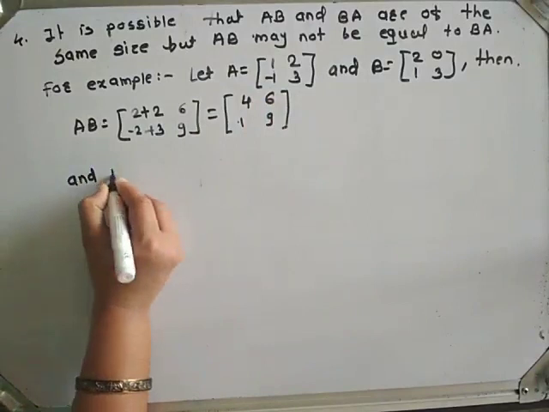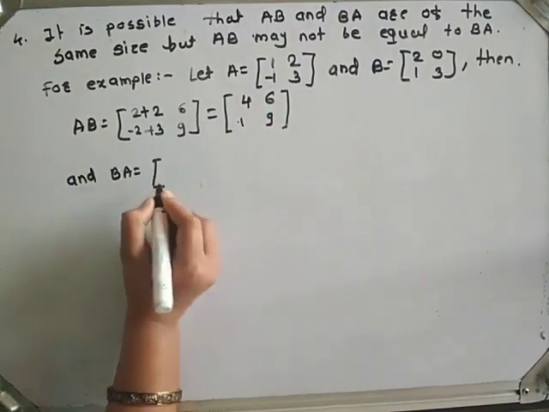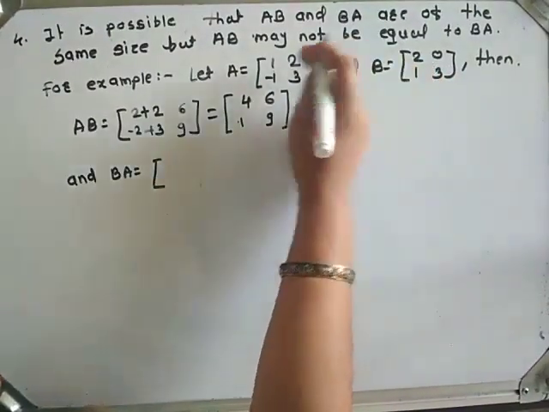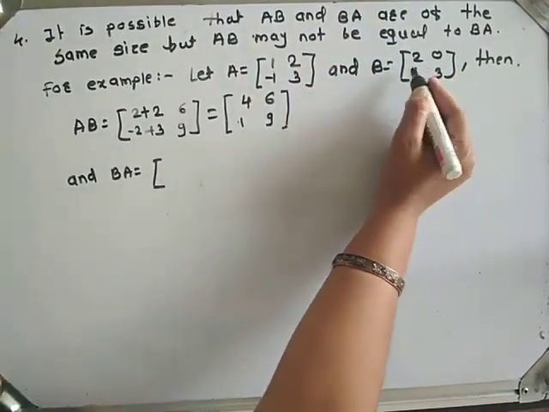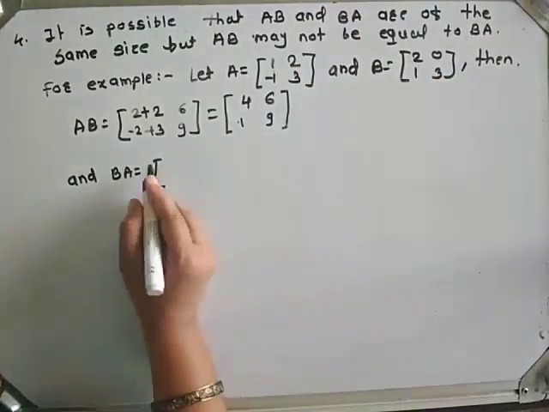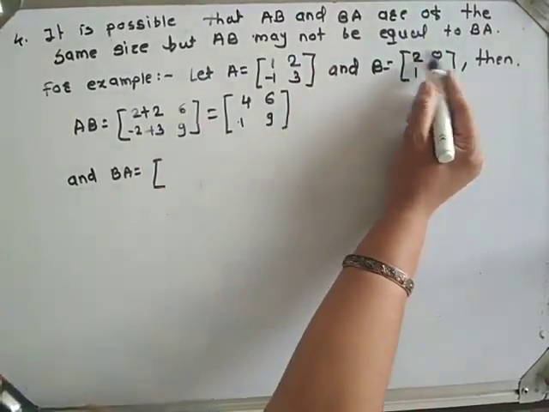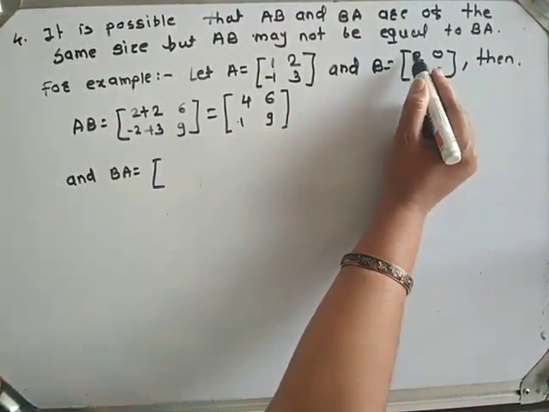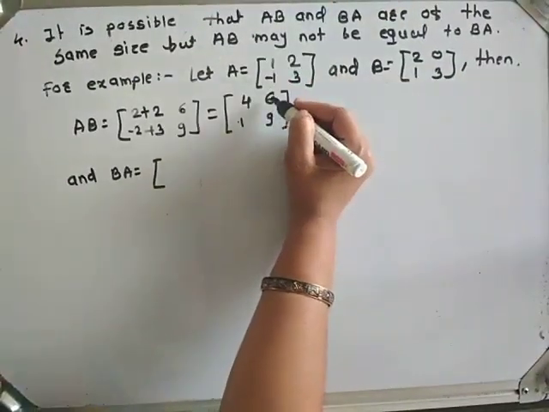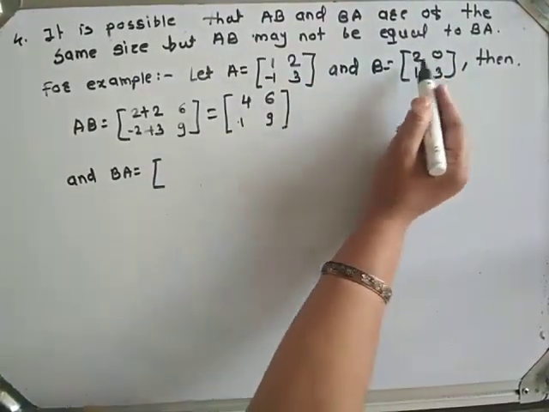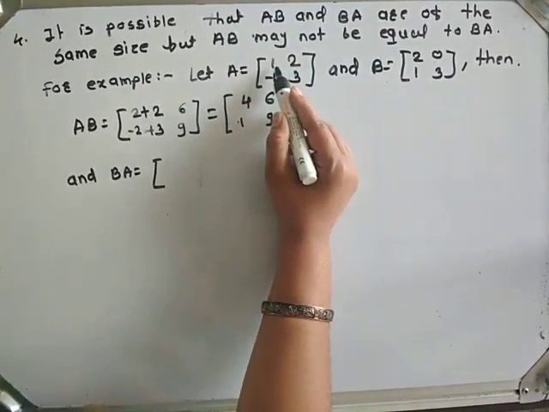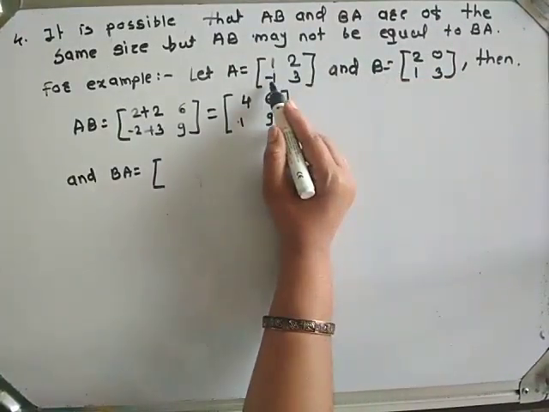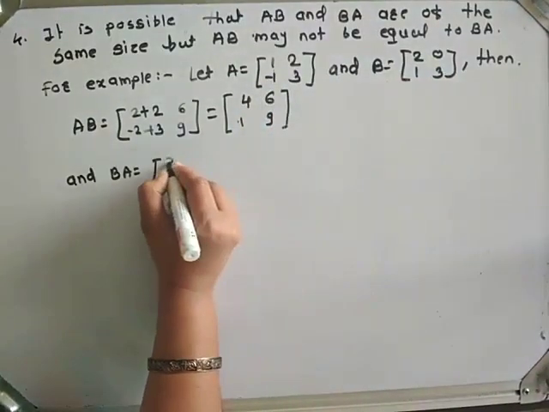And now B into A. That means we have to multiply B into A. For this, the first entry is obtained by multiplying the corresponding entries of the first row of B into the first column of A. That means 2 into 2, 4, plus 0 into minus 1, 0, so it is 4.